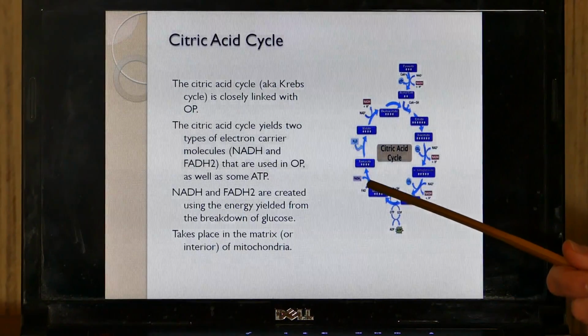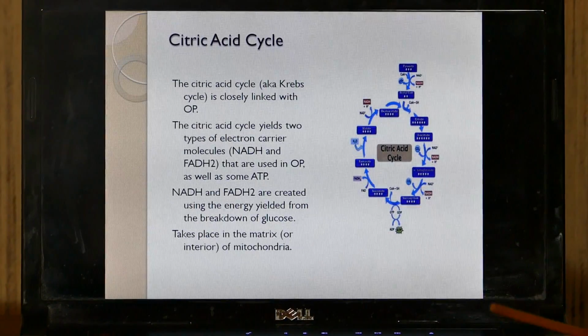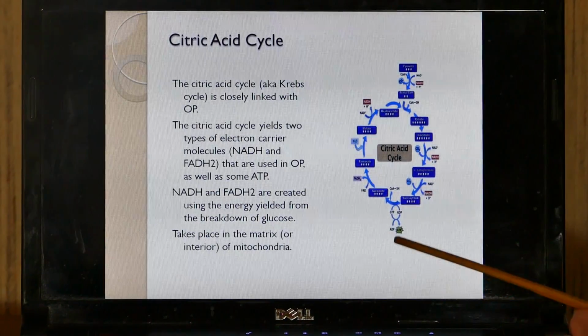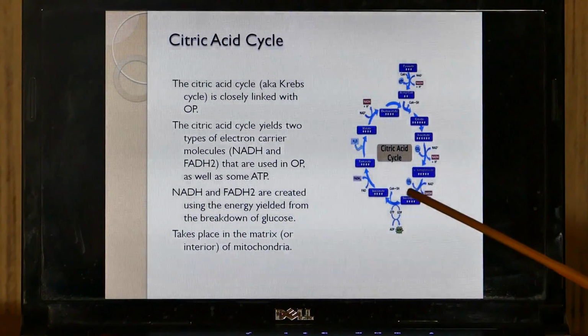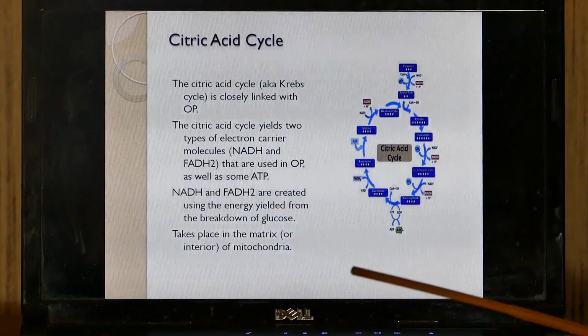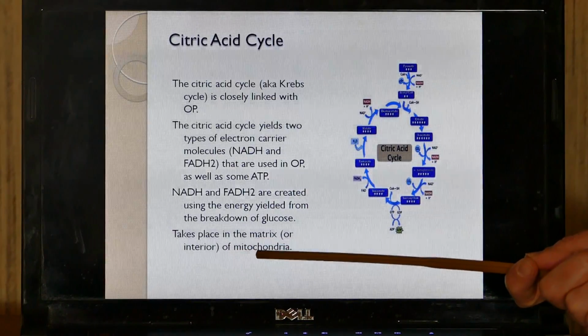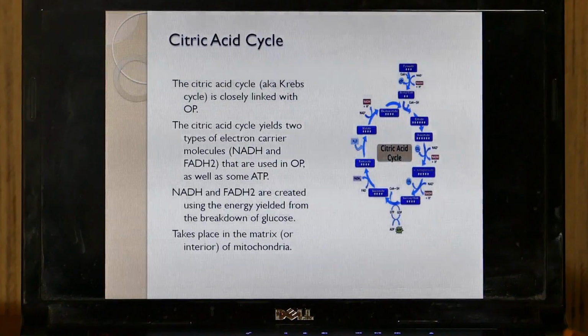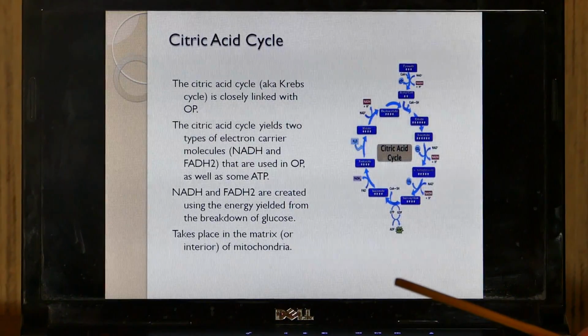Here's another electron carrier called FADH2 that's also used in the OP process, and we get just a little bit of ATP that's created during the citric acid cycle as well. And all this happens in the matrix, or the interior of the mitochondrion, the power plant organelle of eukaryotic cells.